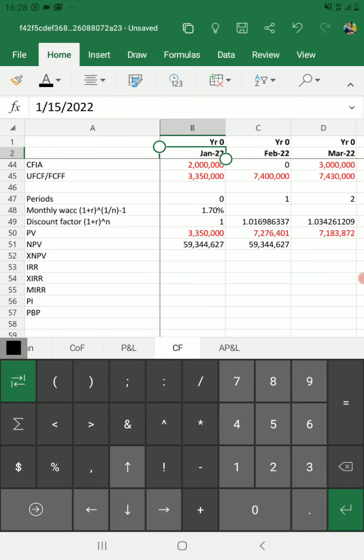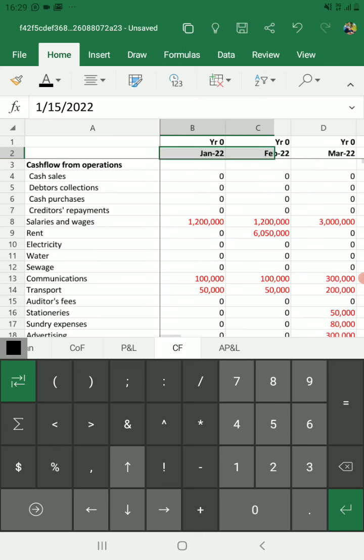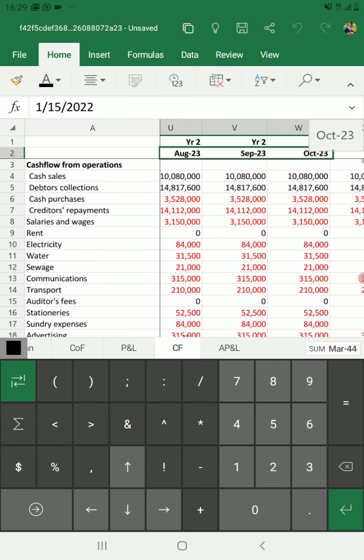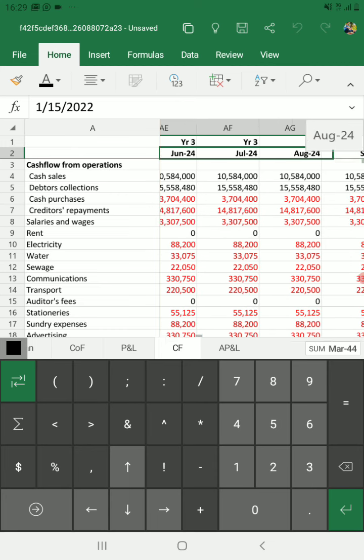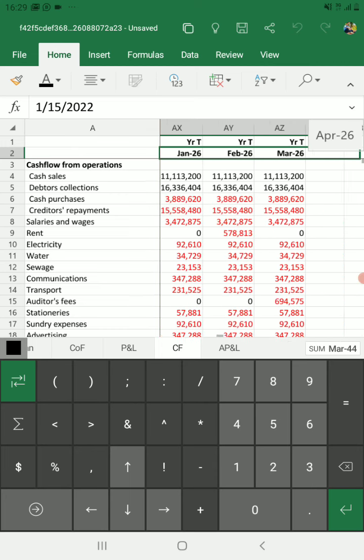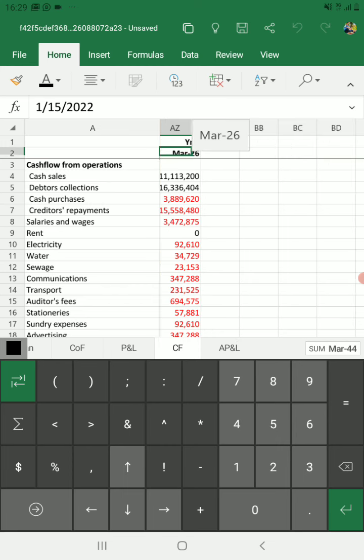And this is American style. Remember, the date should be American style so that XIRR, this formula that uses X's, can recognize them. After doing these two, I can select them and fill them throughout our projection period so that we have the midpoints as our exact timing of the cash flow.